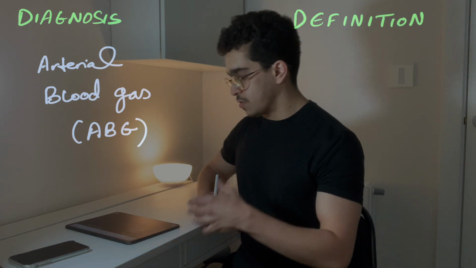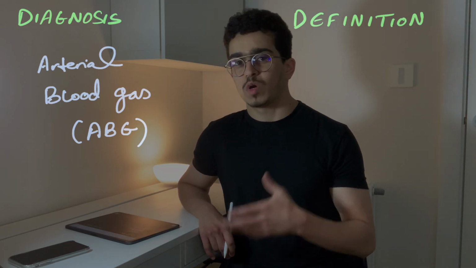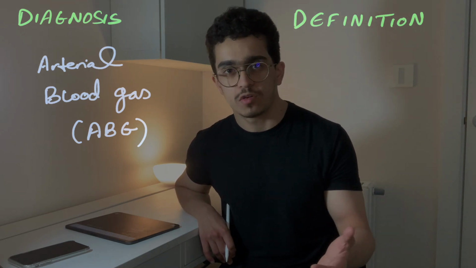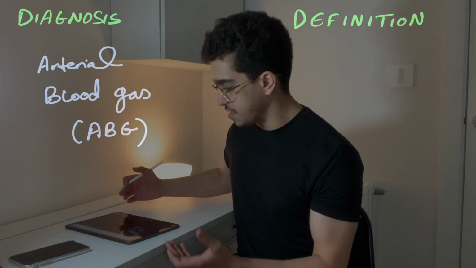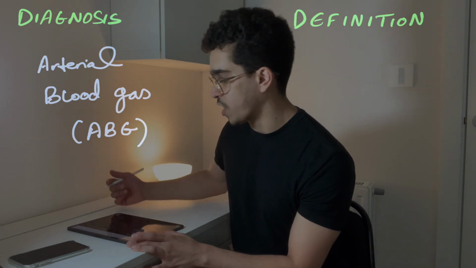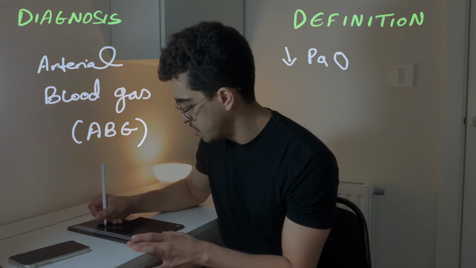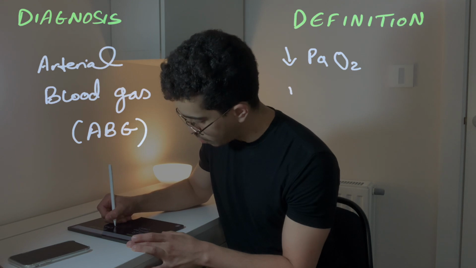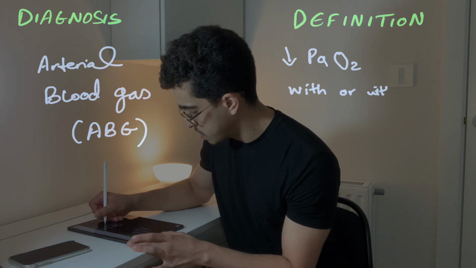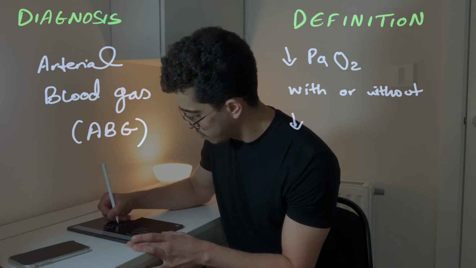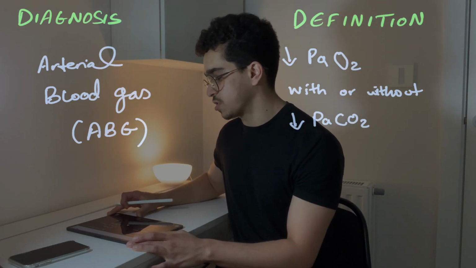When someone with type 1 respiratory failure presents to the hospital and we get an ABG from their radial artery, what can the ABG show? In someone with type 1 respiratory failure, they're going to have a low partial pressure of oxygen with or without a low PaCO2, partial pressure of carbon dioxide.